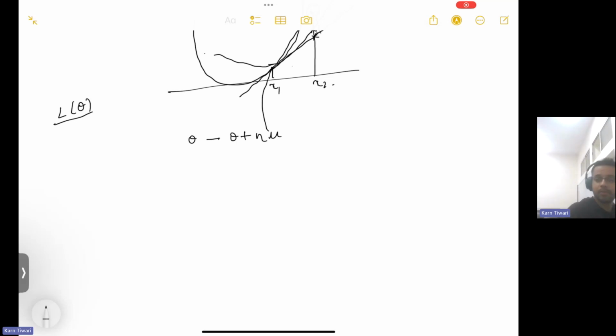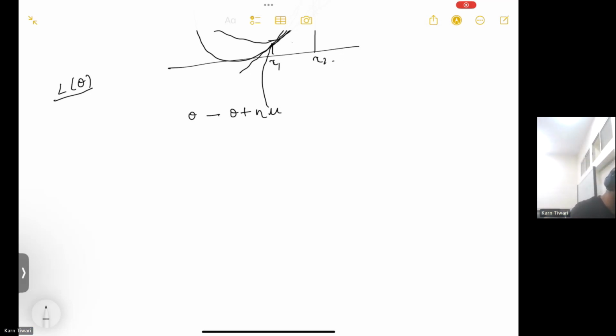I don't know in which direction to go, because in any loss landscape there are a lot of directions. I want to find the optimal direction, optimal in the sense that if I follow that direction, I am pretty sure that I am decreasing the value of my loss. That's what you want in optimization.